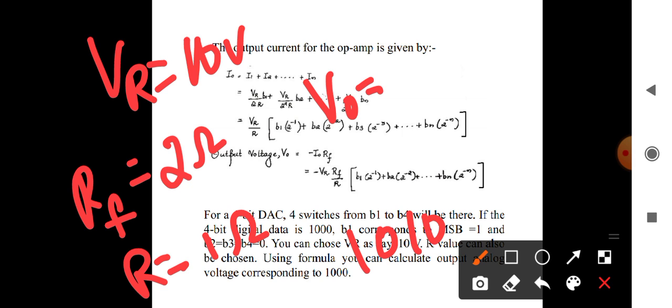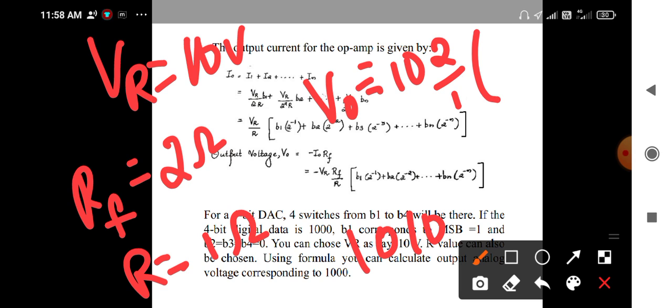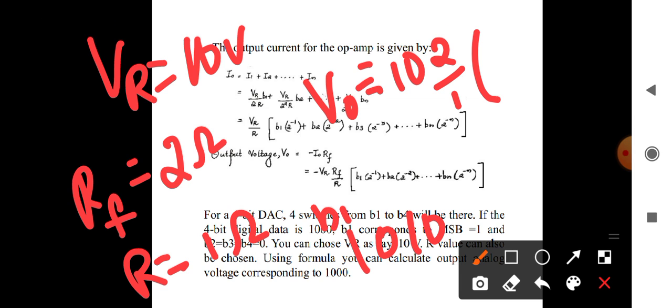So there you can find out, that is the VR we are having 10 by 2 by 1 into, so what is this? This is B1, B2, B3 and B4.